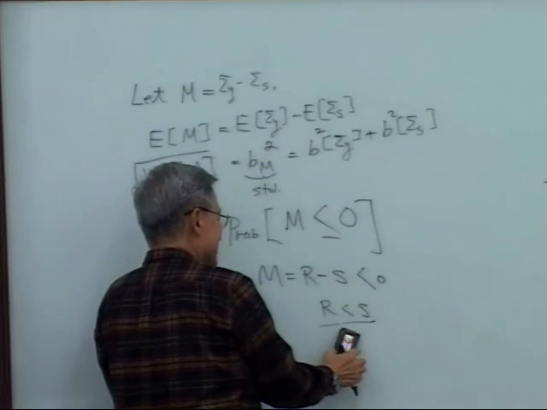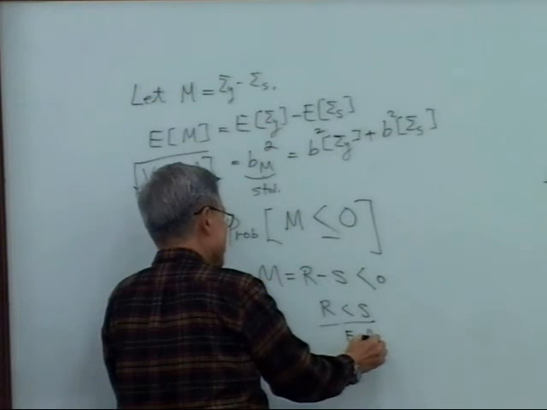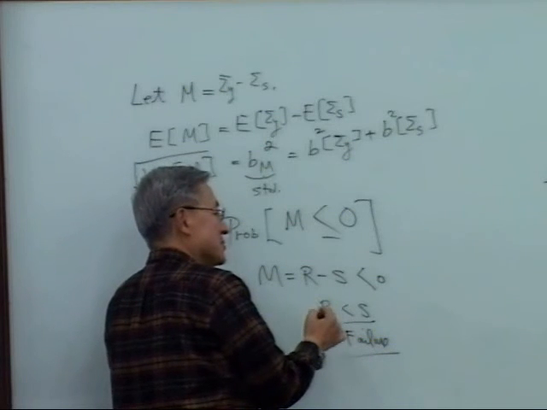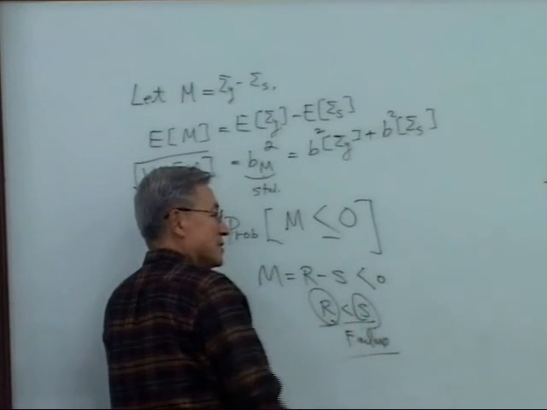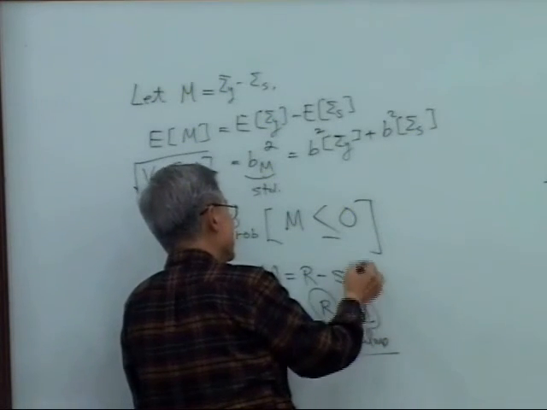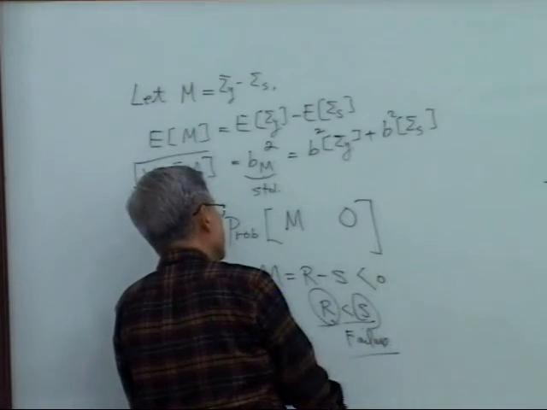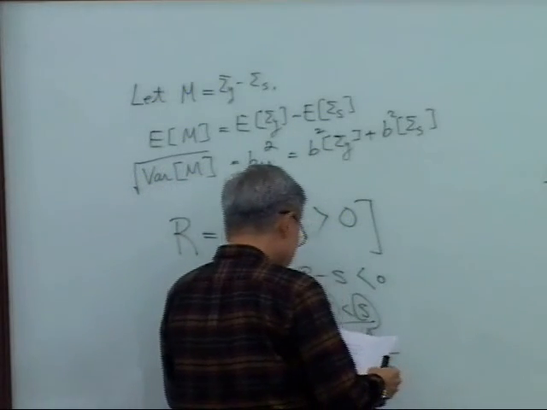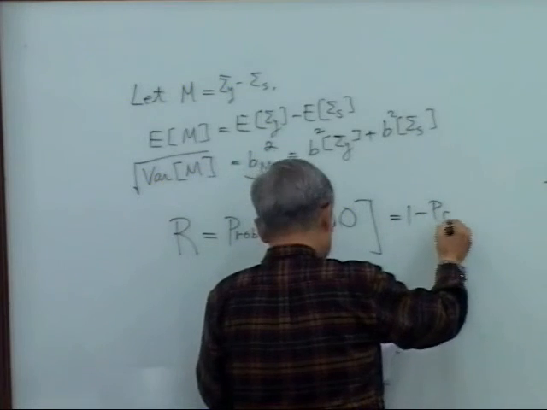Is it correct? The easiest way to remember is resistance is less than the load. This is a failure. So reliability happens to be this. And of course this is 1 minus P.